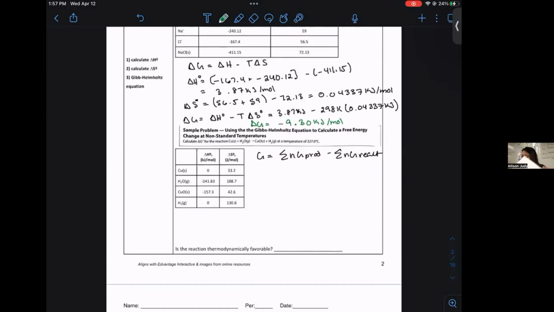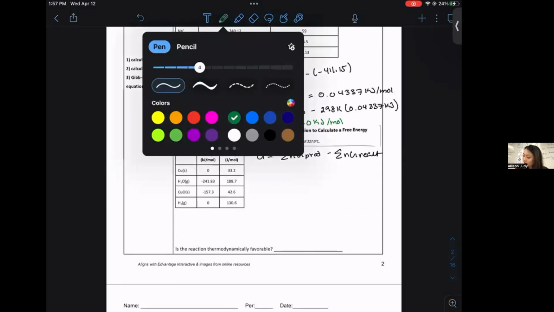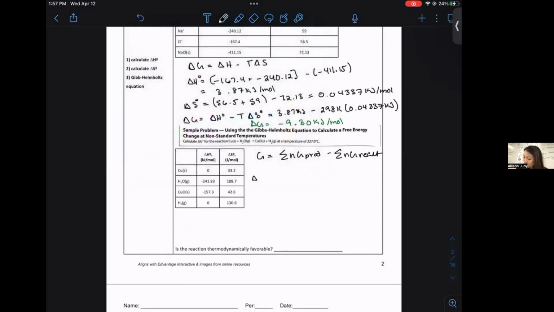Similar thing below. What you would have gotten for your H if you did the same process above is that H equals 84.5 kilojoules per mole.